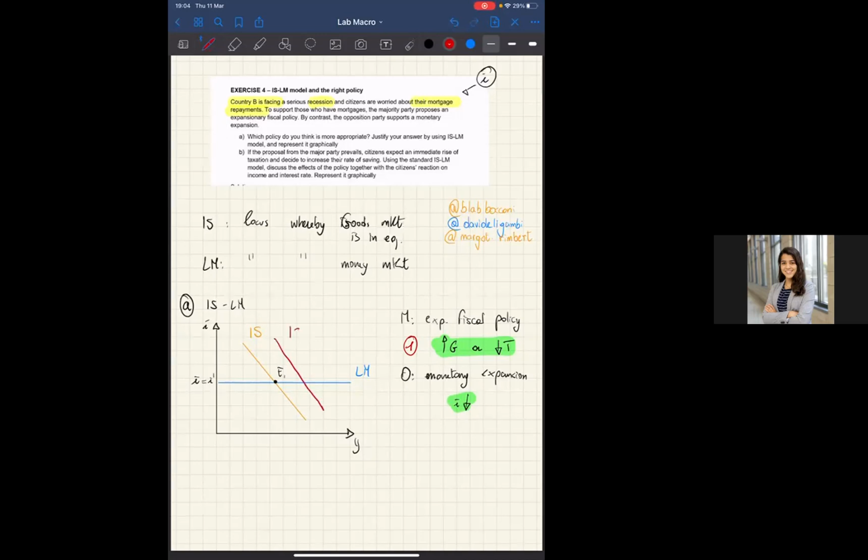So this would be our IS prime. And what we would have as second equilibrium, E2, is that we would have the same interest rate, I, but Y prime, so Y has increased, which is good for the economy.